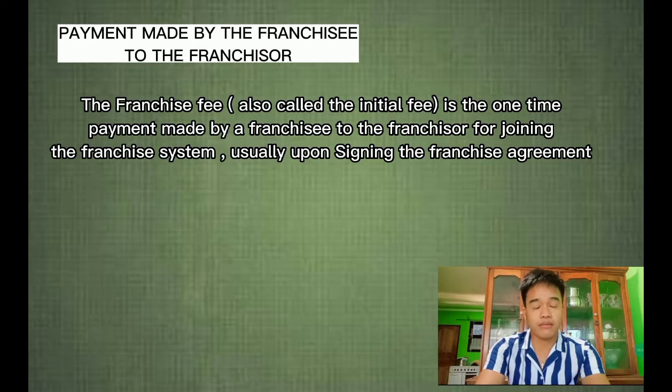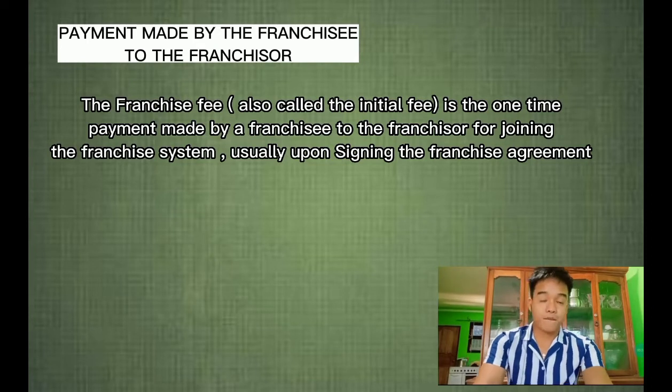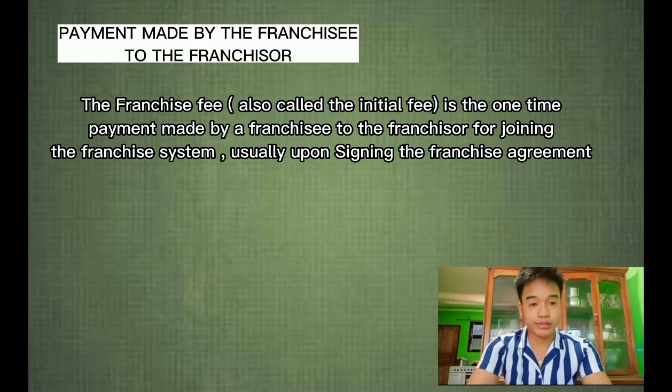It is typically paid as opposed to a percentage royalty, and is used by the franchisor to offset the franchisor's costs to start, marketing for franchisees and other corporate expenses.